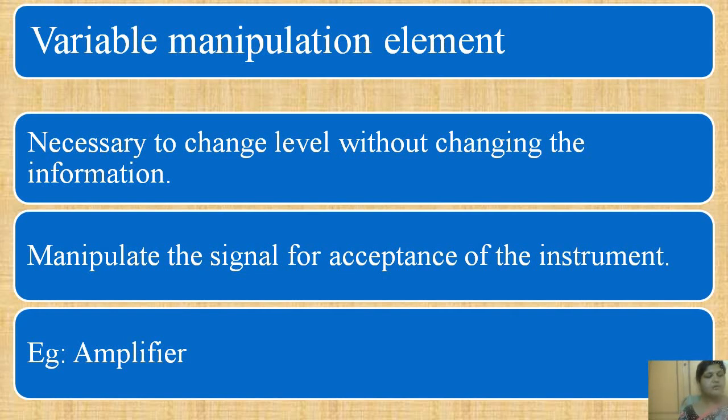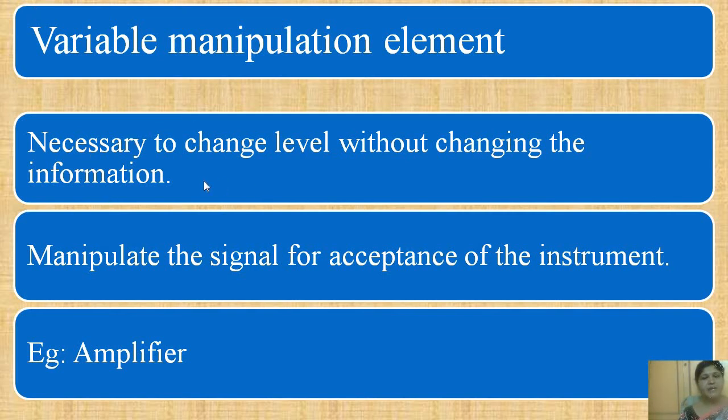Also if the signal has some disturbance or noise in it, we want to remove that noise, so filtration has to be done. Also, modulation, integration or differentiation may have to be performed on the signal, and that is done by the variable manipulation element.